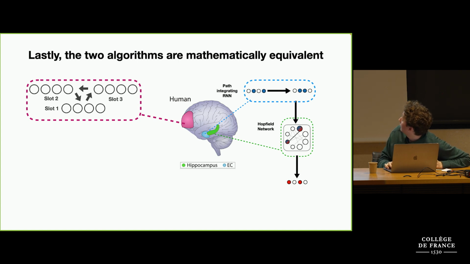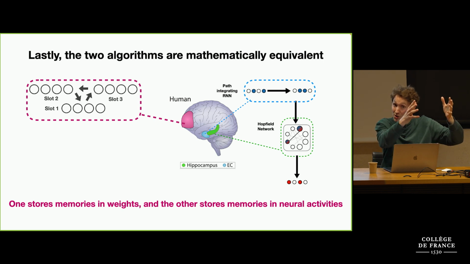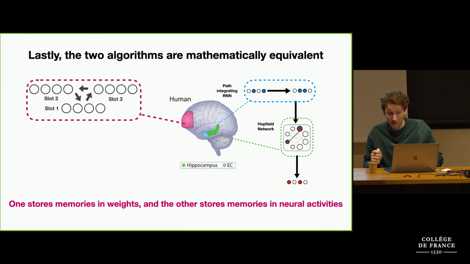The only difference is that this model stores memories in synaptic connections, like in hippocampal synaptic connections, whereas this model stores memories in neural activity. You can write down the equation for one and the equation for the other, and you can show that they're totally equivalent. Okay, so a duality between these 2 brain areas, storing memory in activity versus memory in neural connections.